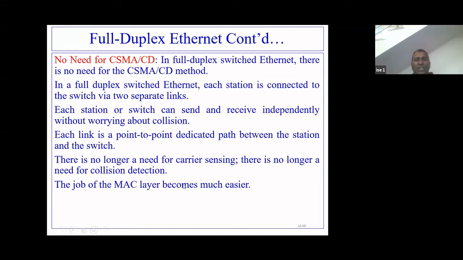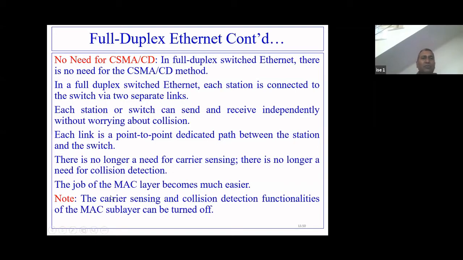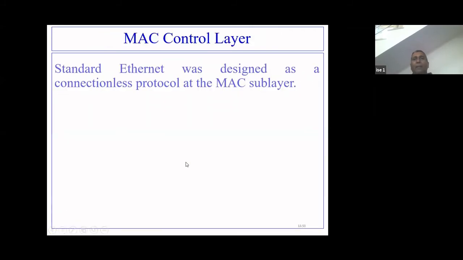So here the job of the MAC layer became very easy. Since there was no CSMA/CD to be done, the carrier sensing and collision detection functionality in the MAC sublayer were to be switched off. It is not needed because of the presence of two different cables.